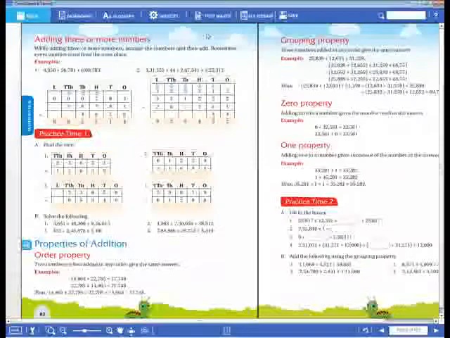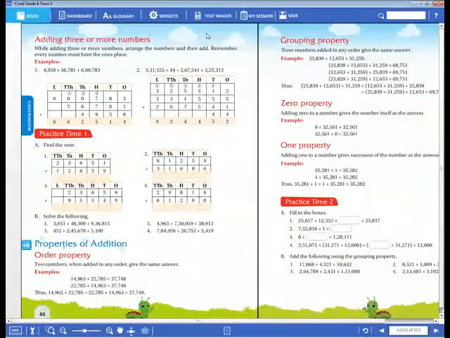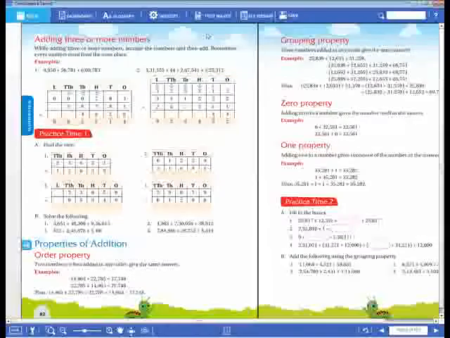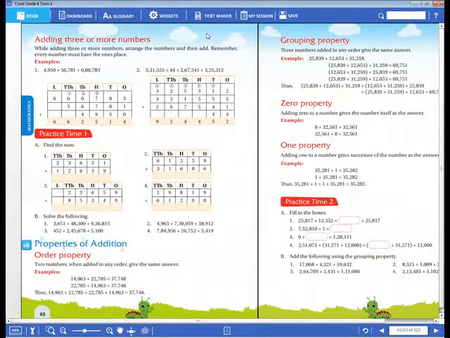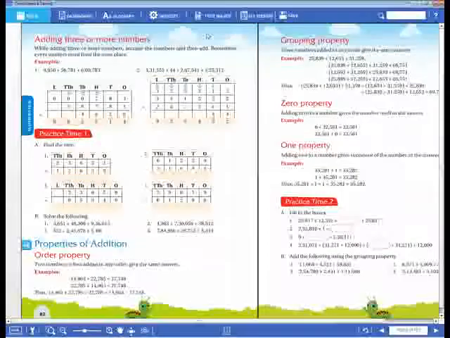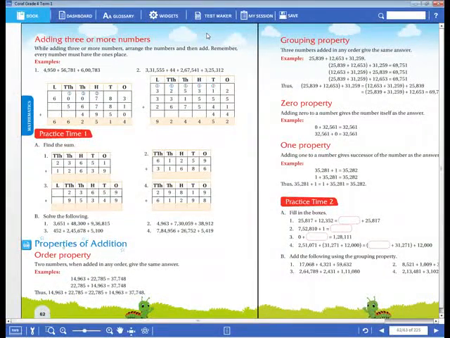Okay. 92,945 is the correct answer for the second problem. Okay. Have you done? Okay, dear children, have you done that problem? Do the third one.